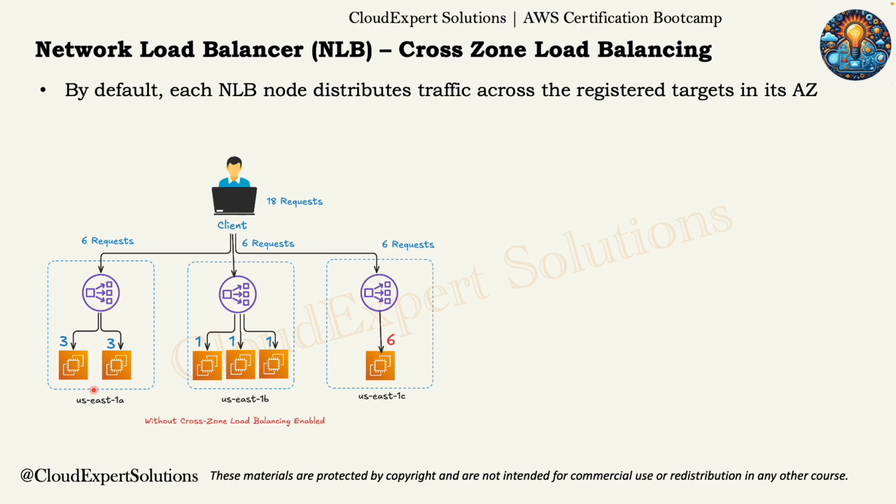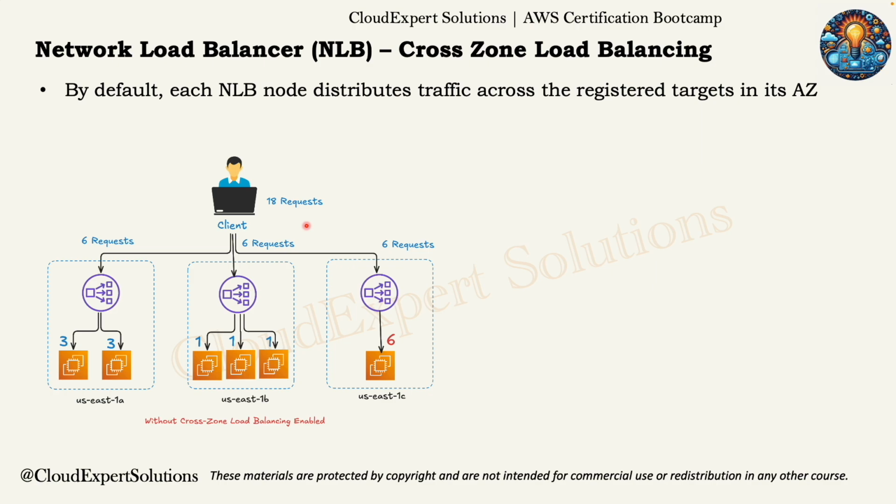In our example, let's assume us-east-1a has 2 targets, us-east-1b has 3 targets, whereas us-east-1c has only 1 target. Let's assume a request volume of 18 requests per second.